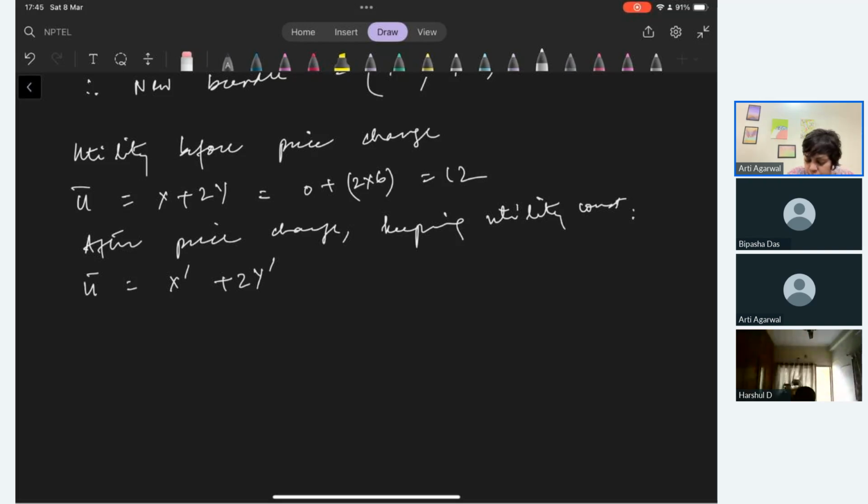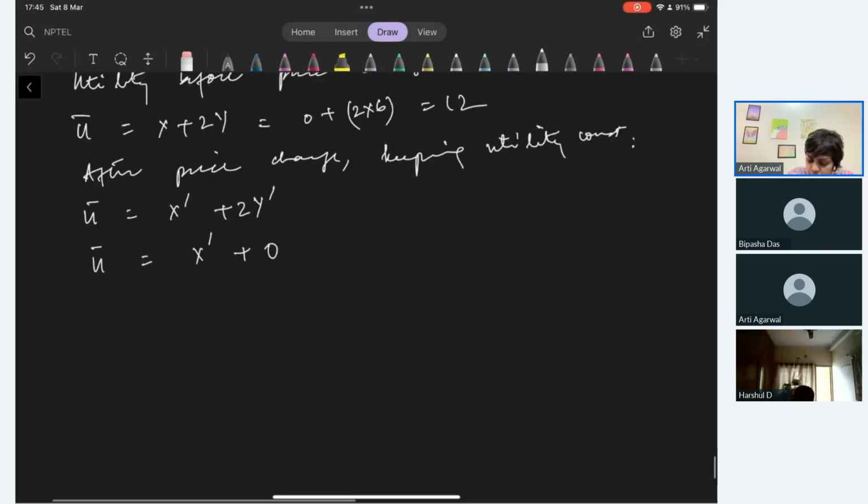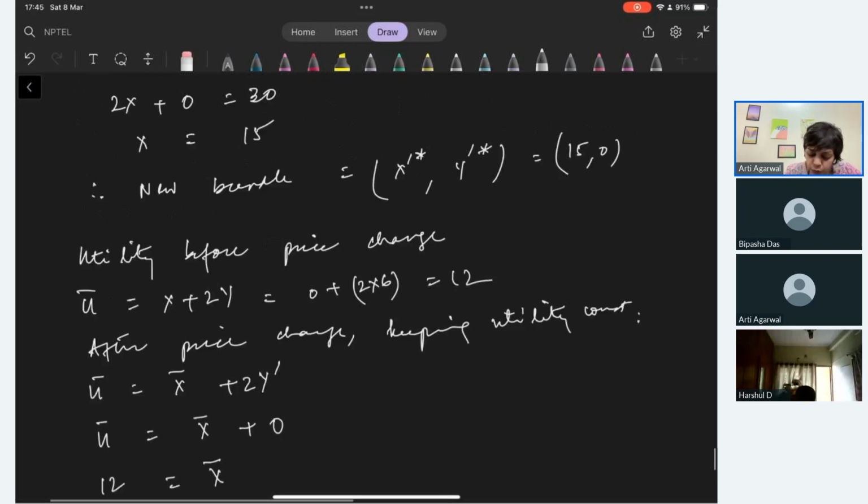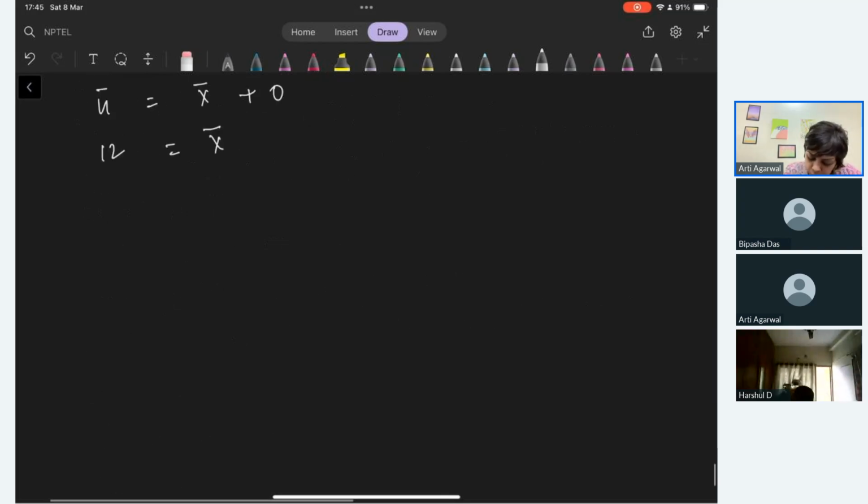X prime plus, we know that this part is 0. So this was 12 is equal to x prime, or you can just put double prime, even though this is not a derivative, but I'm just trying to differentiate it from what we've just calculated. Just say x bar. X bar is equal to 12. So what is happening to the consumption of x? Initially it was 0, right?